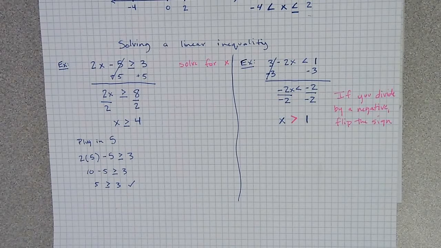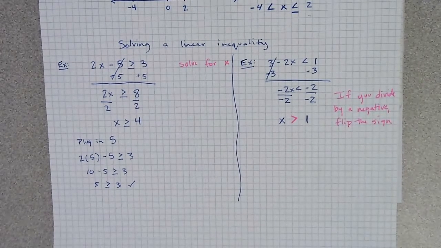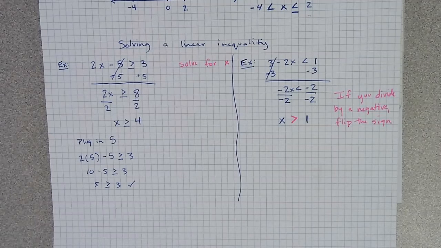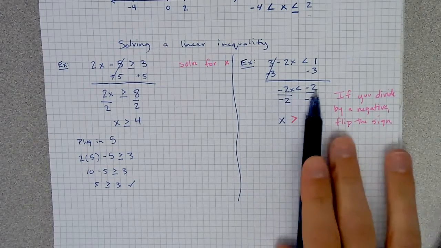Arjun? As if you were dividing by a fraction. Yeah. Multiplying by a whole number is the same thing as dividing by a fraction. So yeah. All right, so we flip the sign.